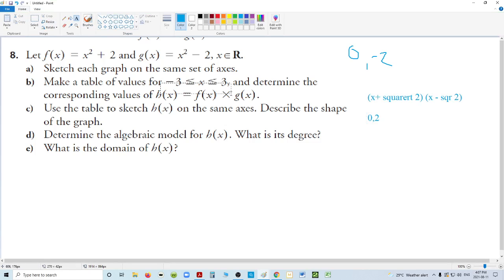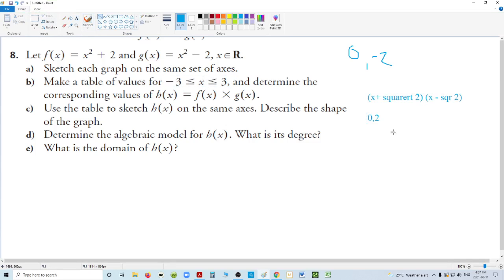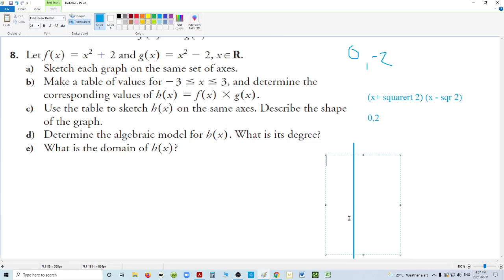Now, they're asking you to do the same thing, and you can go ahead and do that, and just know that they're going to have the same values as a parabola, but one's subtracted and one's added to. So if you're going to do it for x squared plus 2, when x is 3, you're going to get 9 plus 2, 11.